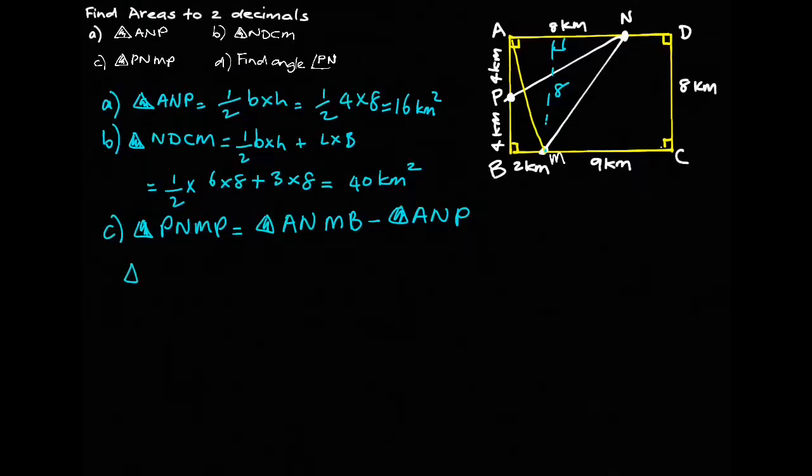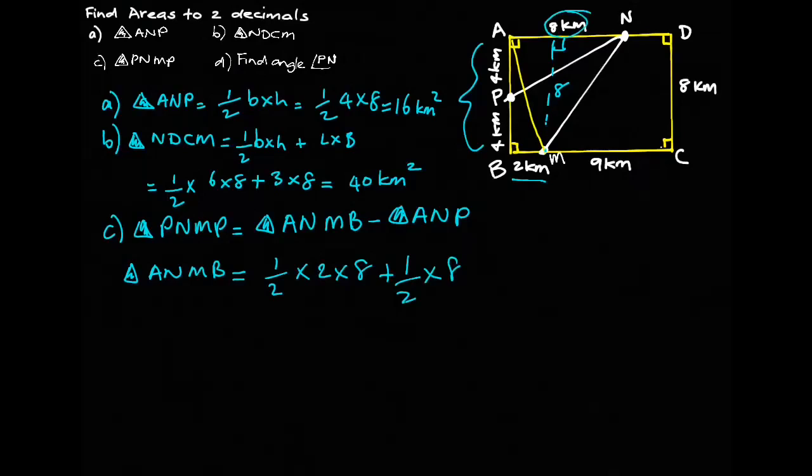Okay, so area ANMB is equal to a half times 2 times 8 plus a half times the base of this ANM triangle times the perpendicular height, equals 40 kilometres squared.